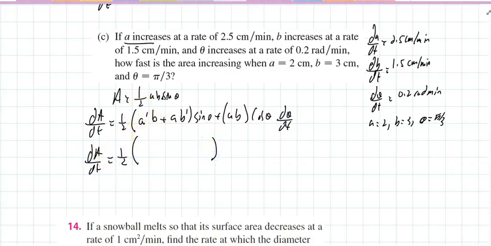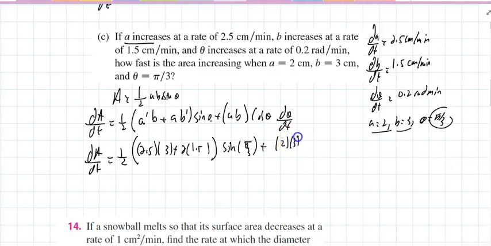We know what A prime is. A prime is 2.5 times B. B is 3 plus A, which is a 2, times B prime, which is 1.5. The sine and the angle happen to be pi over 3 plus A times B. A is 2, B is 3.